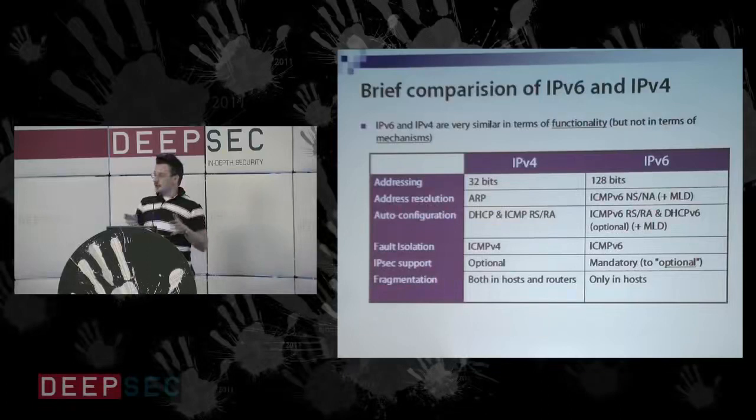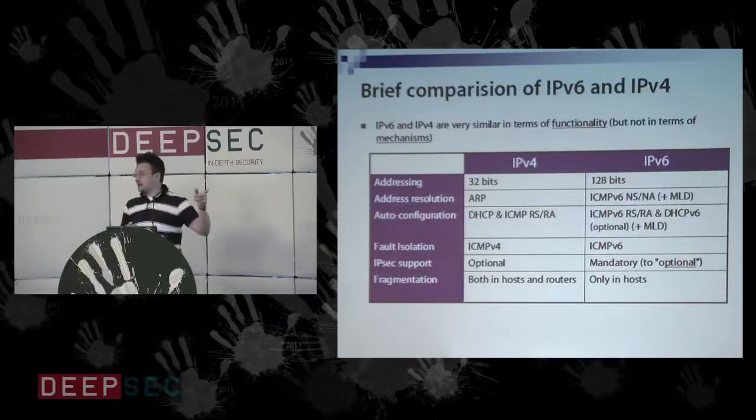So strictly speaking, what you use for address resolution is neighbor discovery, ICMP messages, but then you also need to have multicast listener discovery, which I'm not going to discuss in this set of slides, but there are some versions of MLD that are actually quite complex. So MLD has its own security implications.